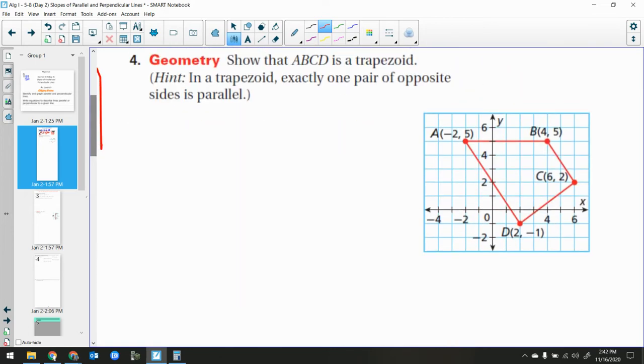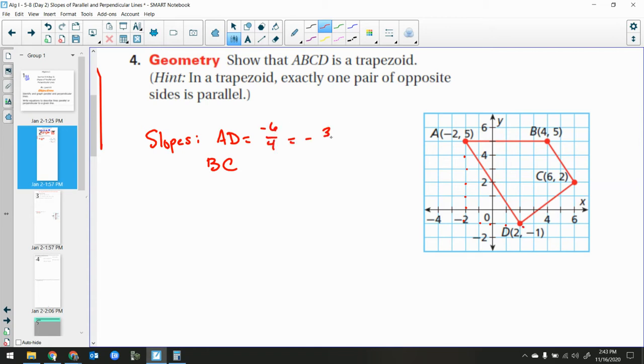And the last one here, number 4, show that ABCD is a trapezoid. Now, remember, for a trapezoid, we have to have one set of parallel sides. So which set do they look like? Well, I want to show the slopes for AD and BC. The slope for AD, I would go down 1, 2, 3, 4, 5, 6, right 1, 2, 3, 4. So down 6, right 4.